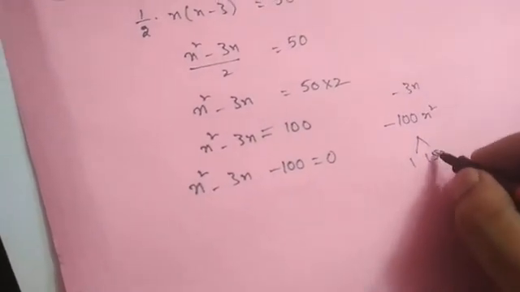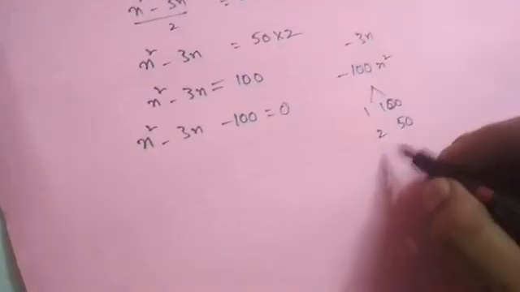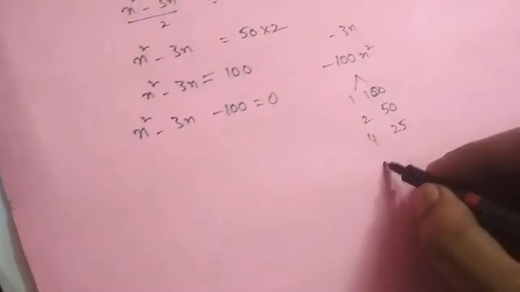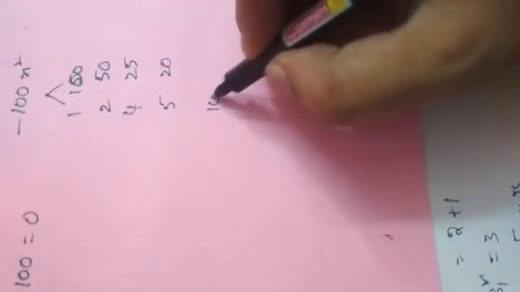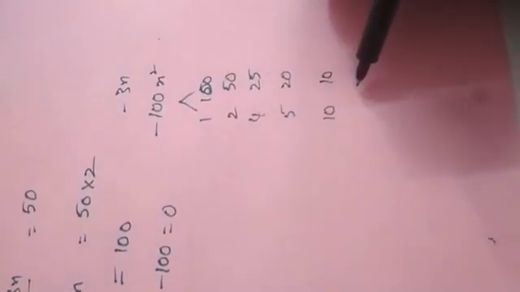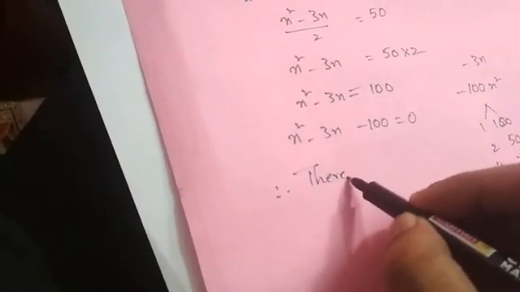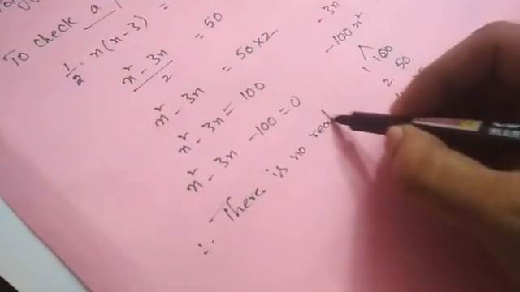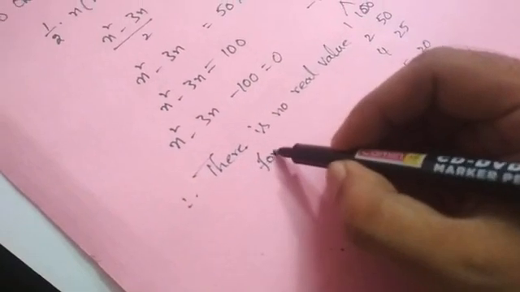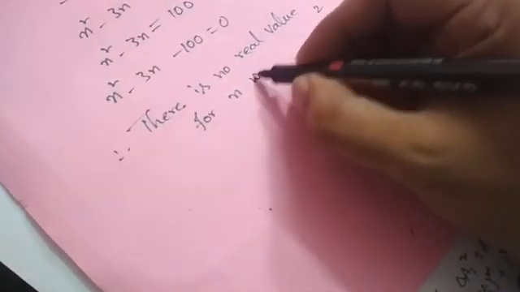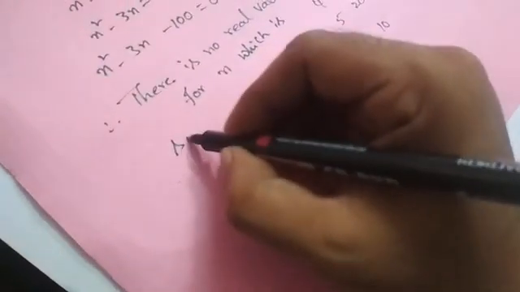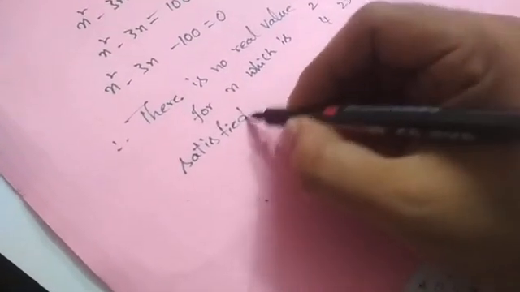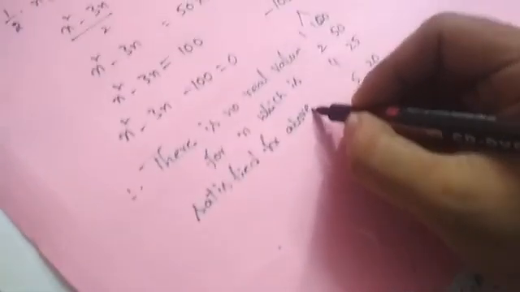So for −100 in n² − 3n, the factor pairs are 1 and 100, 2 and 50, 4 and 25, 5 and 20, 10 and 10. That's it, we don't have any other, and we don't get a difference of 3. So in none of these cases do we get 3, therefore there is no real value of n which satisfies the above equation.